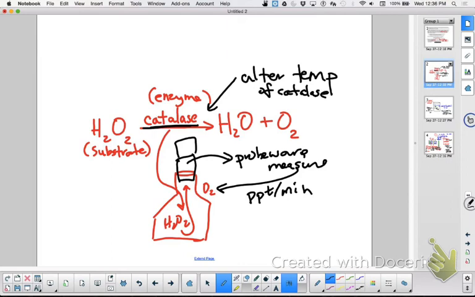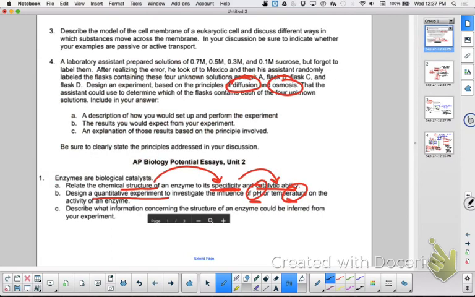And that's how we could alter our experiment to include a change in pH or temperature.